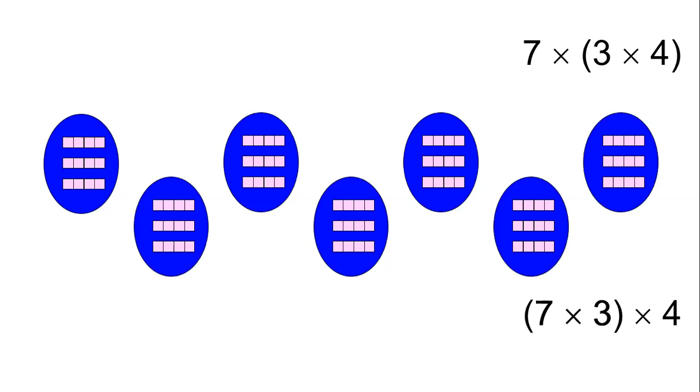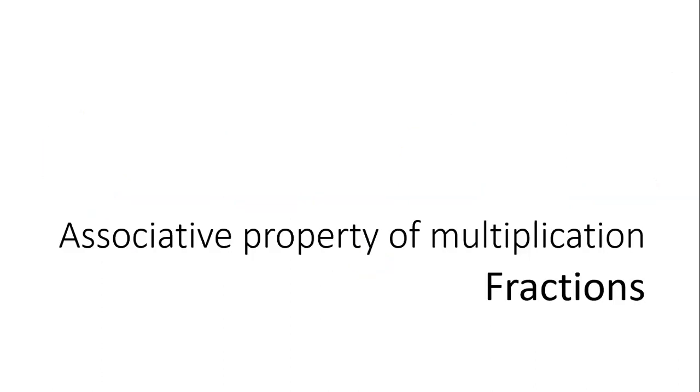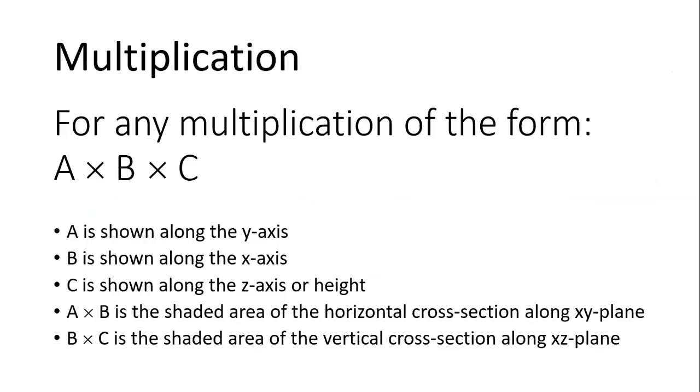And the work is not done yet. Reals and rationals are painful. This is quite complicated, so let's just look at it. If you have A, B, C, 3 things getting multiplied, A is shown along the y-axis, B is shown along the x-axis, and C is shown along the z-axis. That's the height.